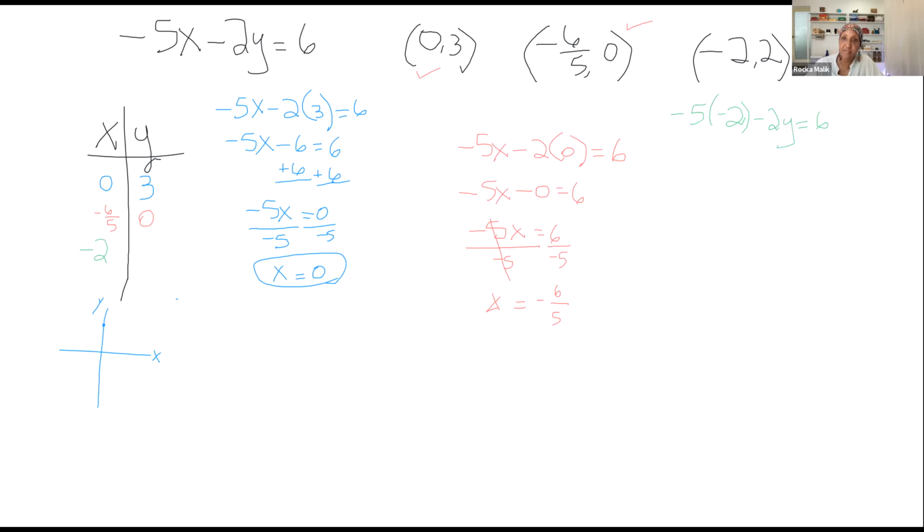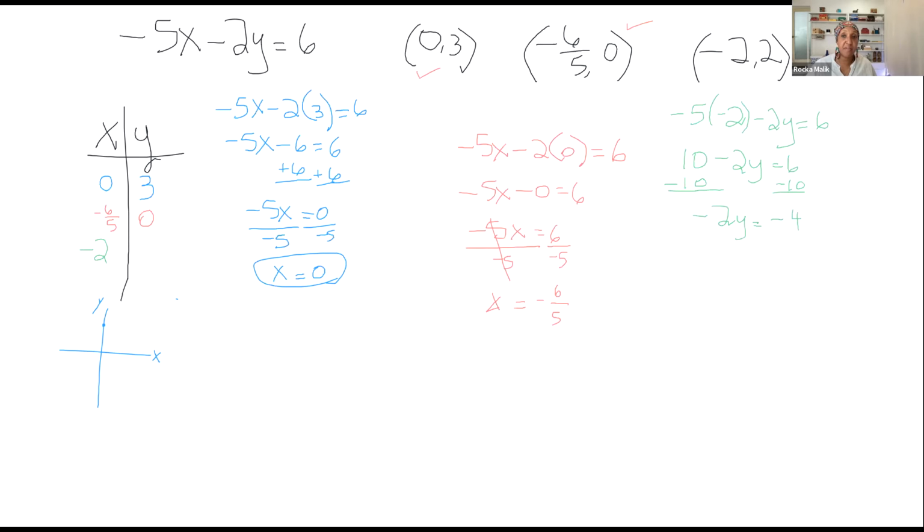Negative 5 times negative 2 is positive 10. And move my numbers over here to the right. Negative 10 plus 6 is negative 4.